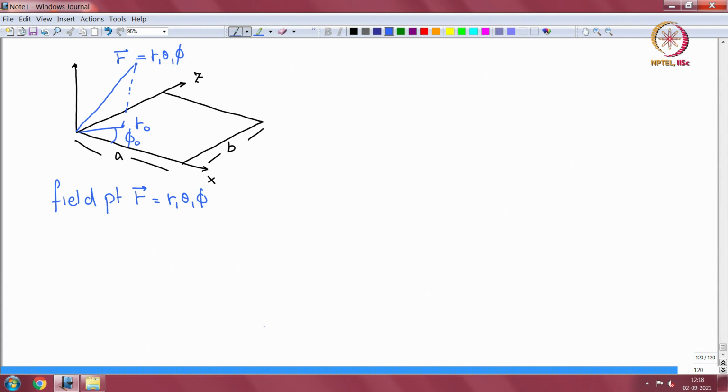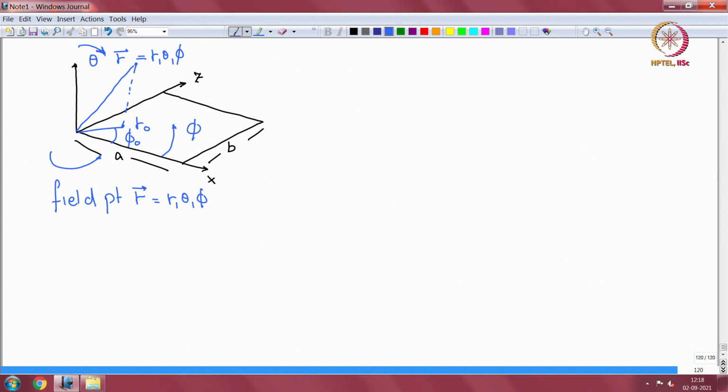Theta is measured from vertical, and phi is measured from the x direction. Phi is the azimuthal angle, theta is the elevation angle.